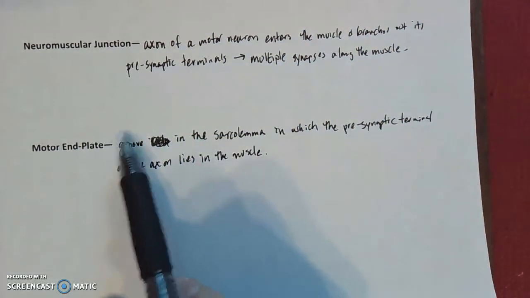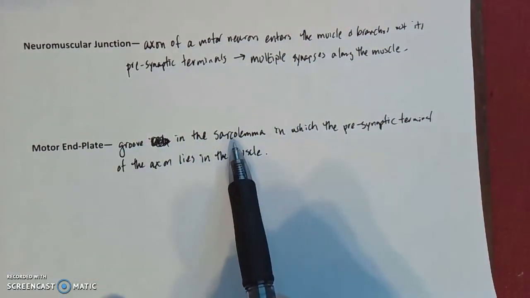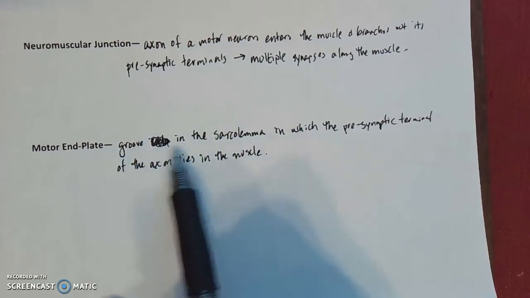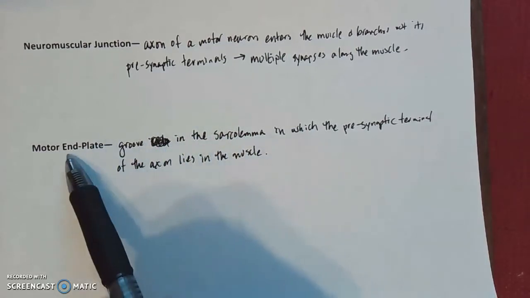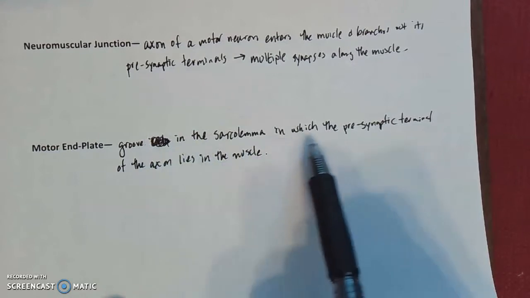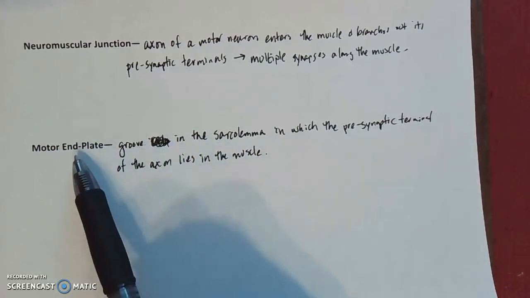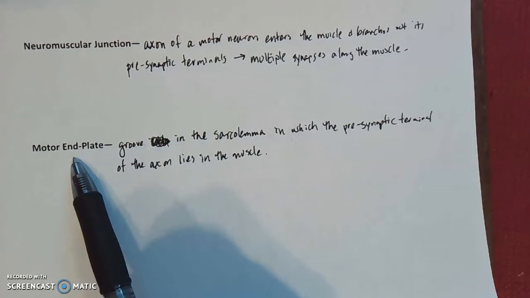So basically, it's just like a little indentation in the sarcolemma, and this area where we have the synapse and where we have all of the concentration of those gated sodium channels in the sarcolemma is called the motor end plate.